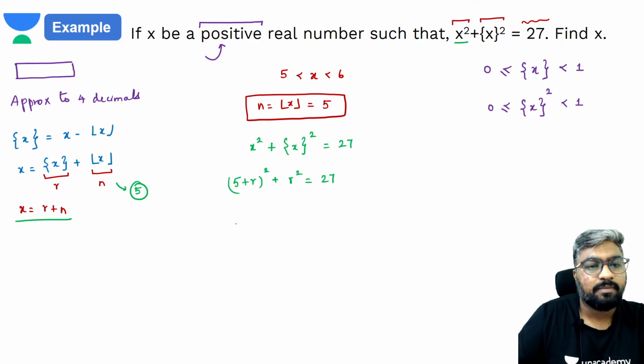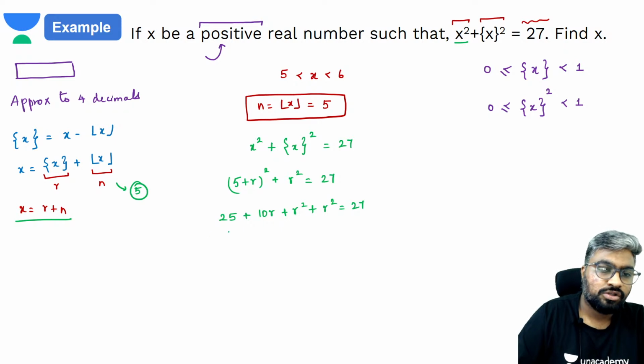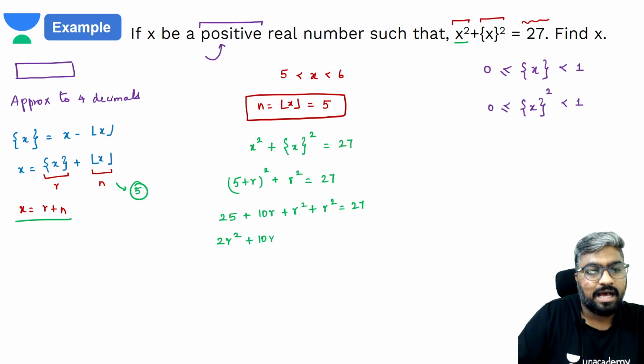If I open this up, we will have 25 plus 10r plus r square, plus this r square is 27. So you have a quadratic equation that says 2r square plus 10r minus 2 is 0.